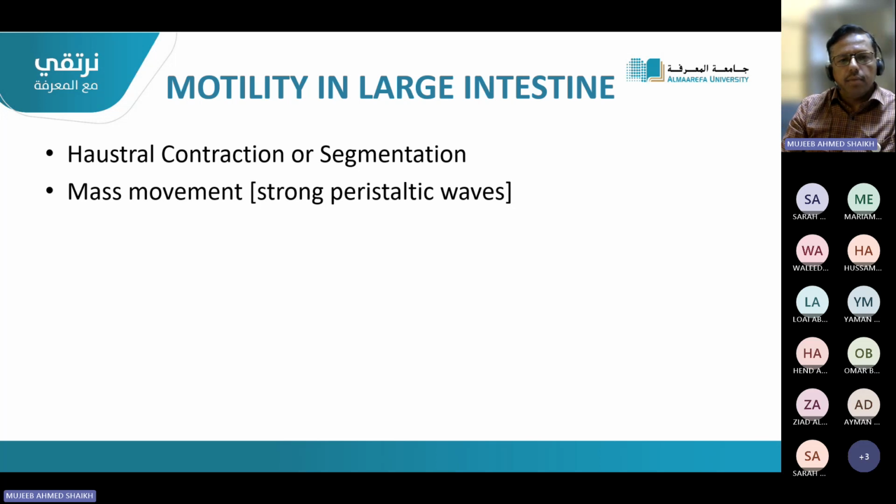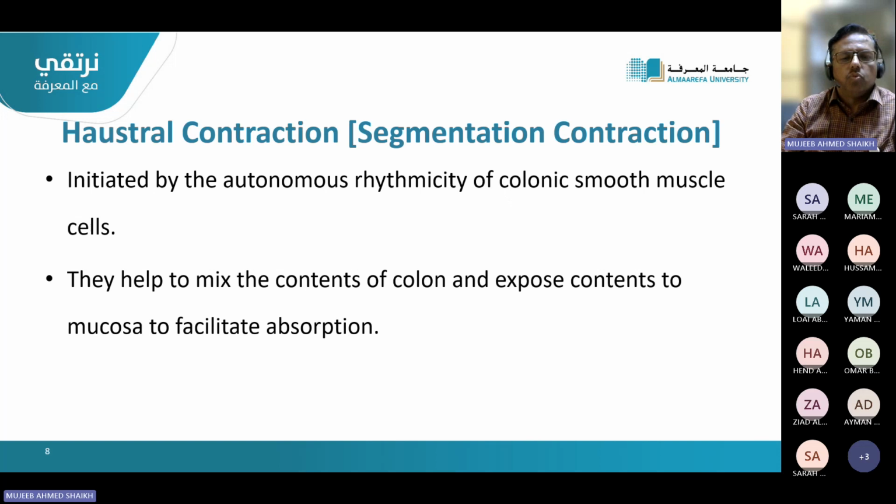Haustral contractions are similar to the segmentation contraction. They are also initiated by the autorhythmic cells present in the smooth muscles of the colon, which help in mixing the colonic content and rolling the chyme to come in contact with all parts of the mucosa so that it will be absorbed easily.